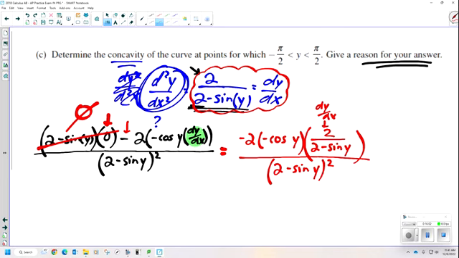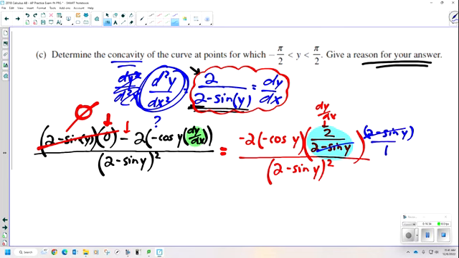To know if this is positive or negative, I don't like having a fraction in a fraction, especially when I have to evaluate it. So let's multiply the top by 2 minus the sine of y, over 1. This will cancel with this.